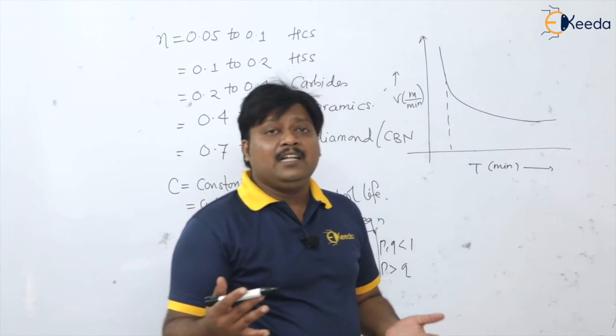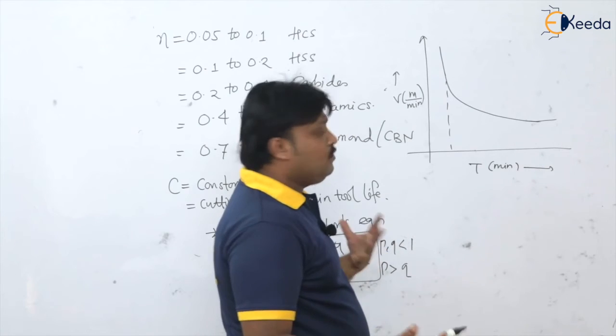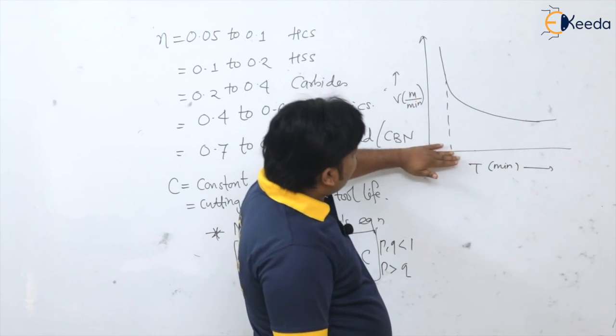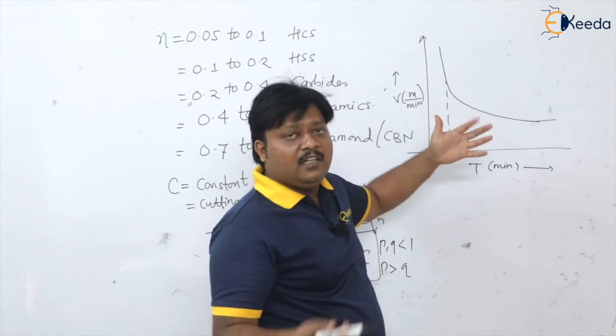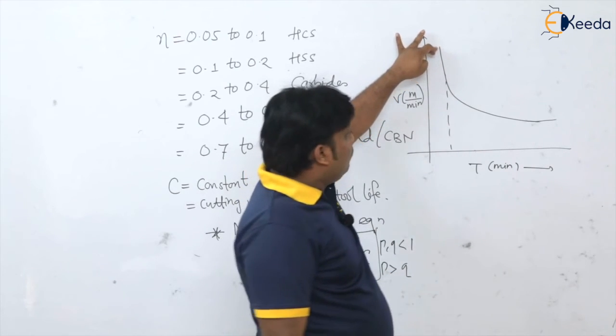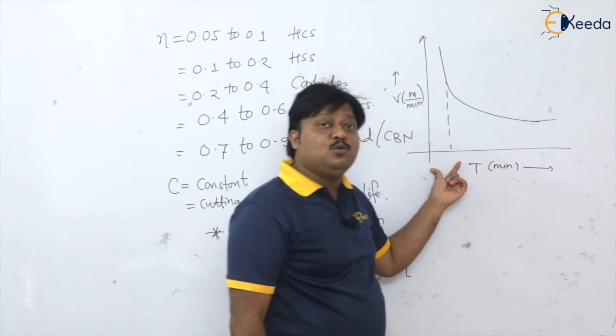So directly it is affecting your production rate. If you want maximum production rate, then you use very high cutting speeds. But at very high cutting speed, you are getting a very less tool life.